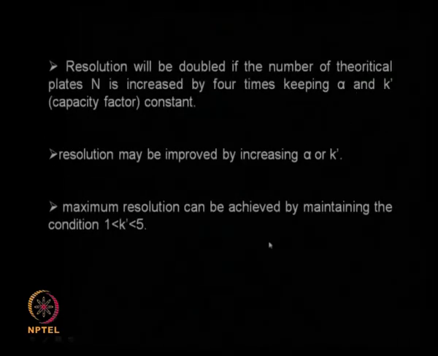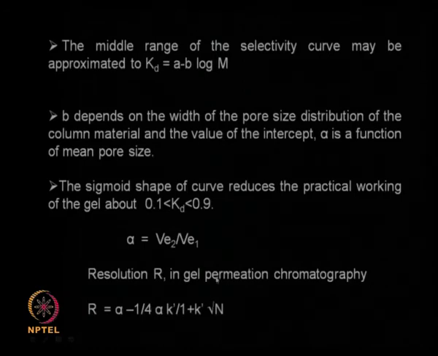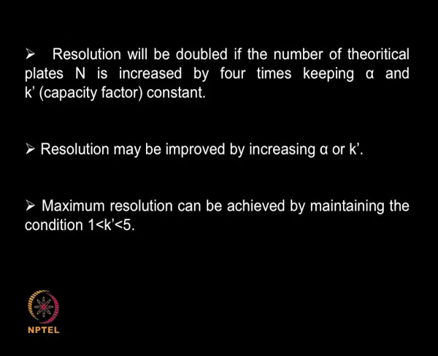But if you keep alpha and k dash constant, it is obvious from this relationship that we will be able to increase resolution. K dash is nothing but the capacity factor actually. So resolution may be improved by increasing alpha or k dash. We can achieve maximum resolution by keeping k dash between 1 and 5.